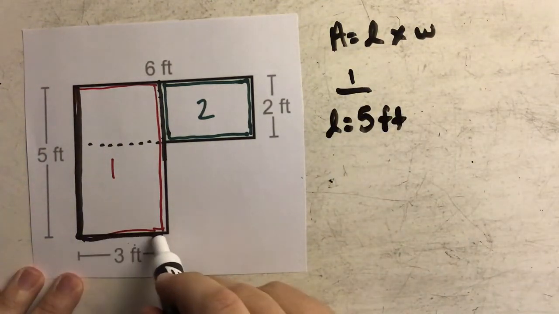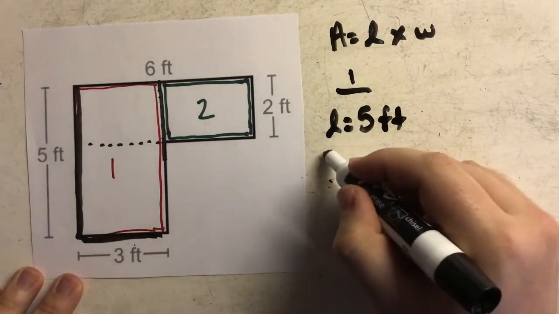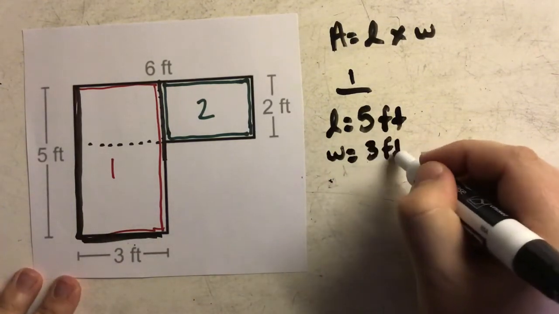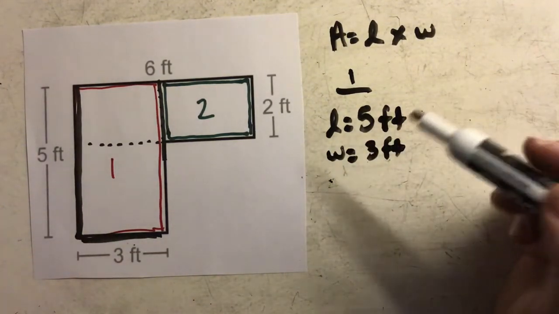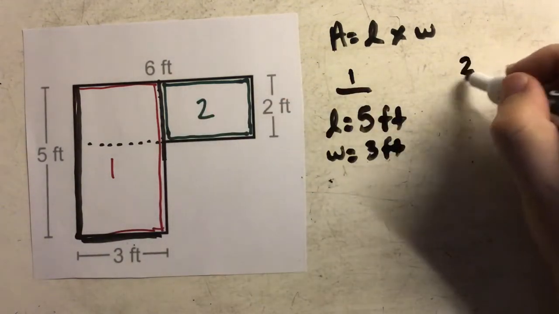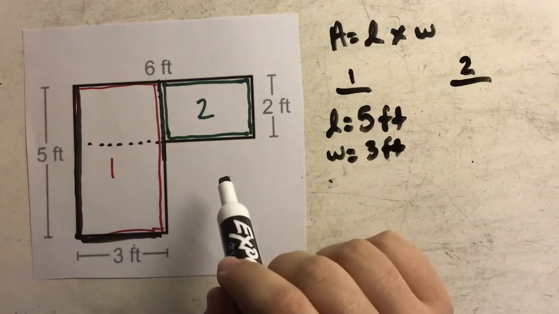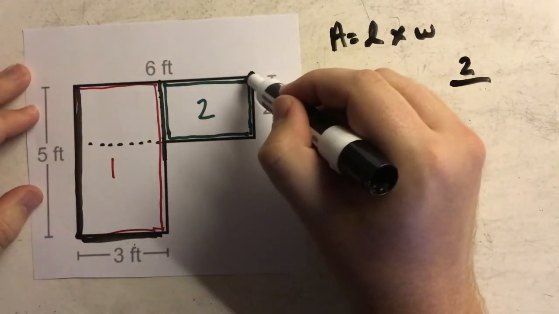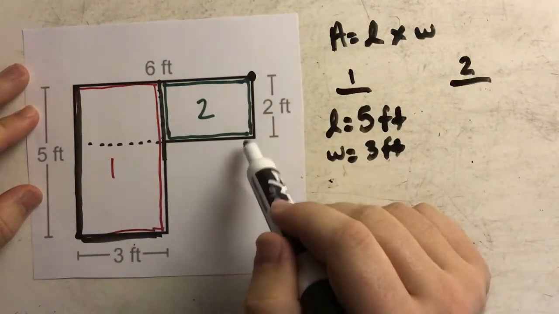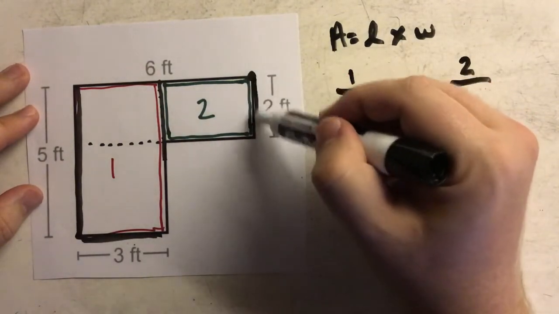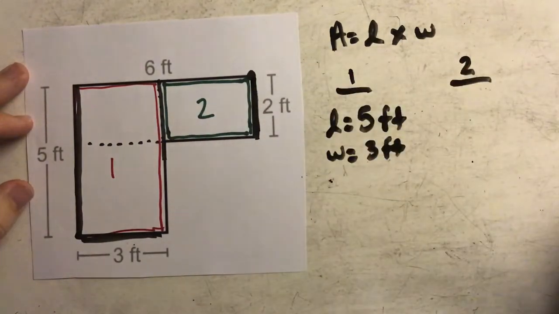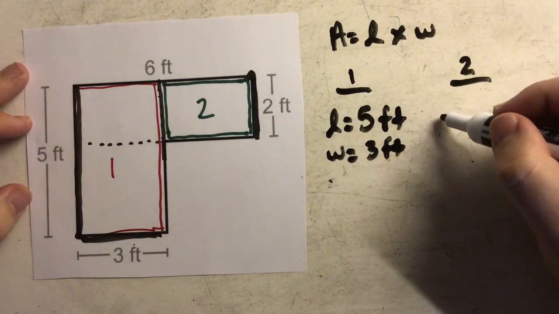And the width is going to be equal to 3 feet. For the second figure, we need to do a little bit more investigation. If I pinpoint one point where two lines meet, I can see that my length is equal to 2 feet.